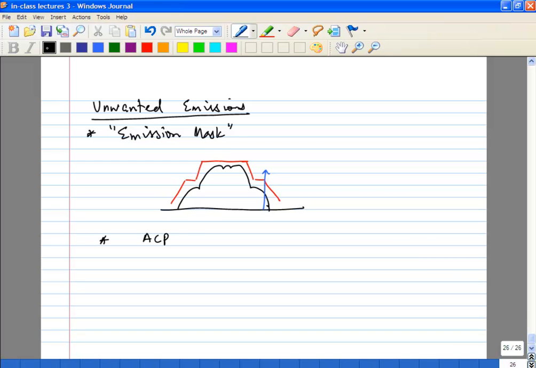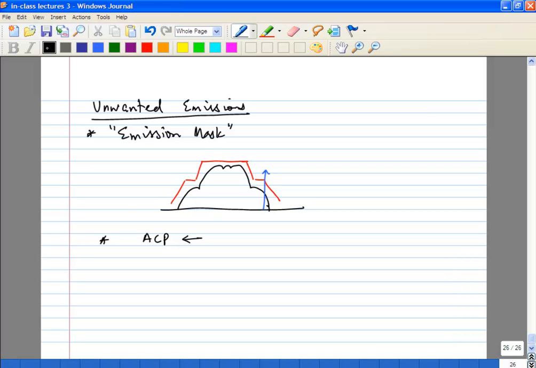Then you have something called ACP, or adjacent channel power. So you are trying to transmit in a particular channel and you shouldn't damage the guy who's transmitting right next to you, because that is where typically you will have most issues. Remember, you can look at the power going down as a function of frequency. The guy who's right next to you will probably have the most problems. So they have specs on how much you can transmit right in the adjacent channel.